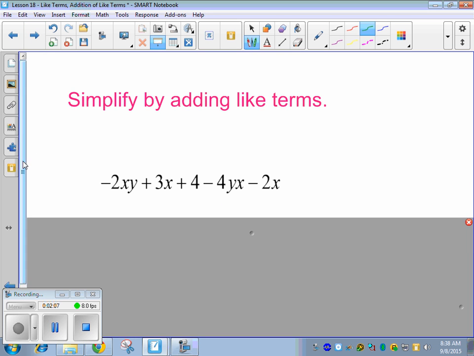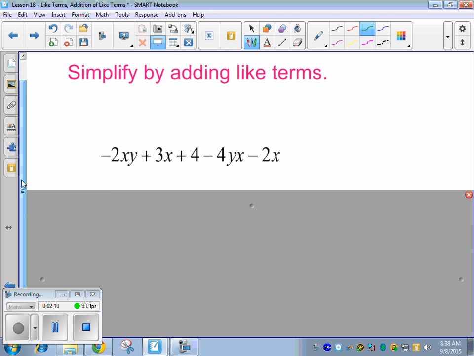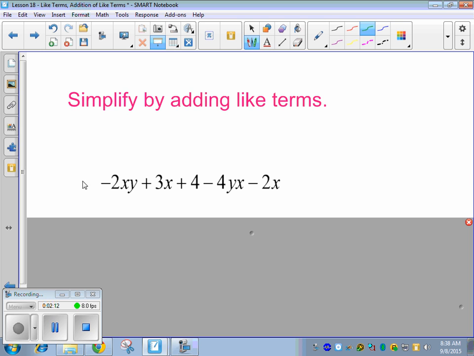Alrighty, so now we're going to simplify by adding like terms. I want to see everybody going ahead and writing this example down. Alright, so I see a few different things that are like terms, right? So we have some xy's right here, and we have yx's right here. We already decided that those can be the same, right?